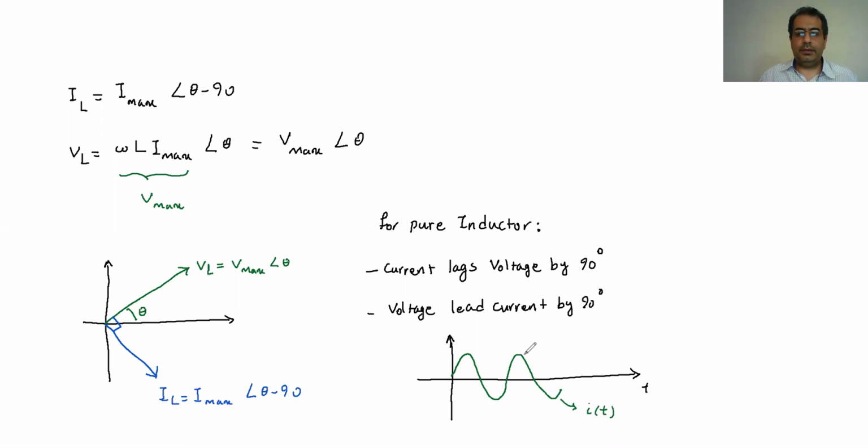If this is the current, then current lags voltage, or the voltage leads by 90 degrees. So let me draw them with the same color. So I draw the current here in blue. So if this is the current, then the voltage in a time domain would be somewhere here.